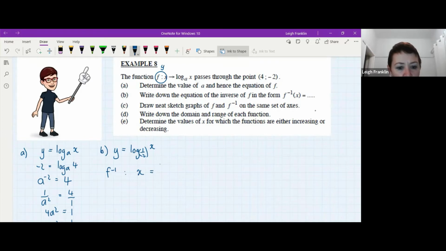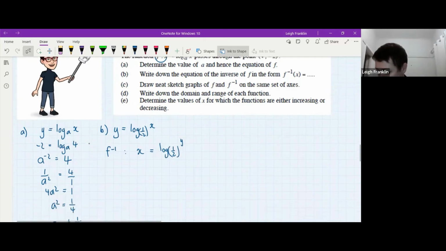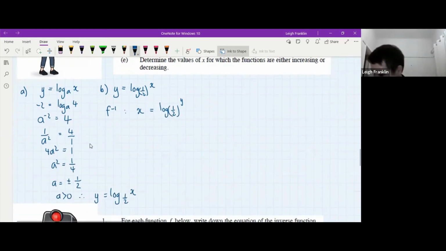So x will be equal to log base half of y. That means we are then able to write this as the graph of y equals base to the power of x. Is everybody happy with that?